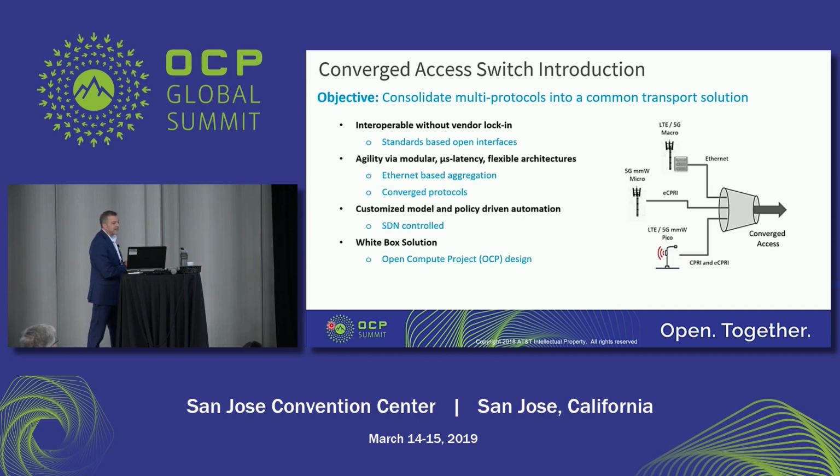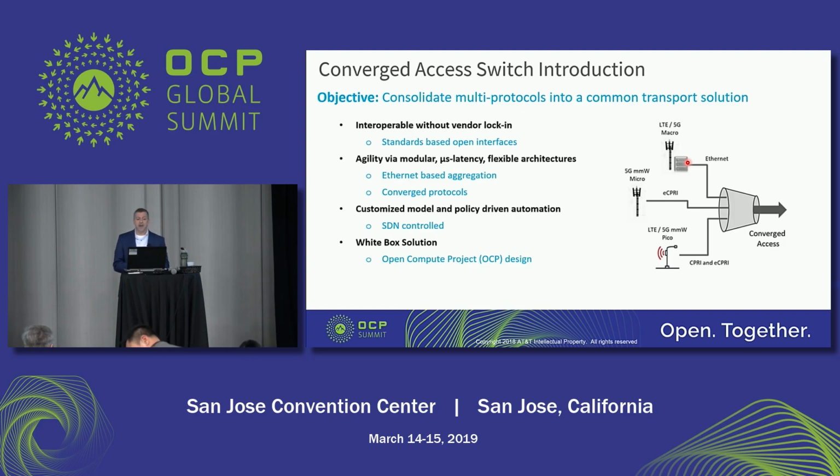So what is a CAS? A CAS is a transport aggregation switch. Our thought is that this device would mix together different types of traffic from CPRI, eCPRI, Ethernet such as enterprise services, and then transport that through an Ethernet packet-based aggregation system.